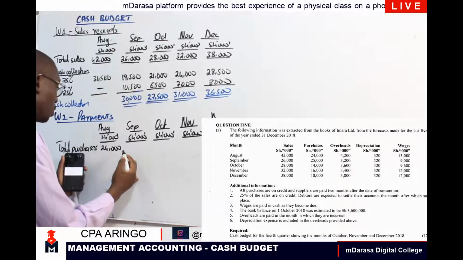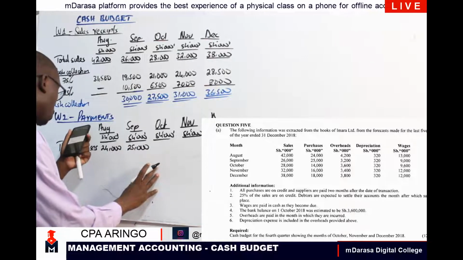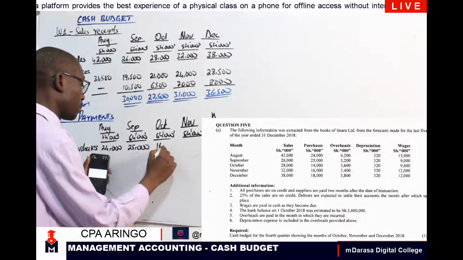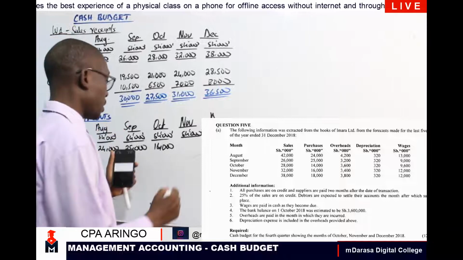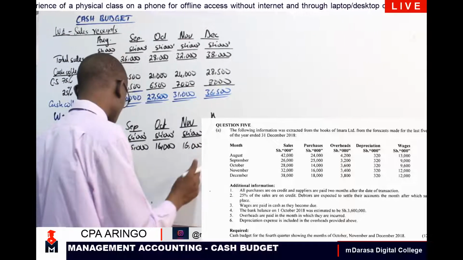September we had 25,000. October we had 14,000. November we had 16,000 and 18,000.